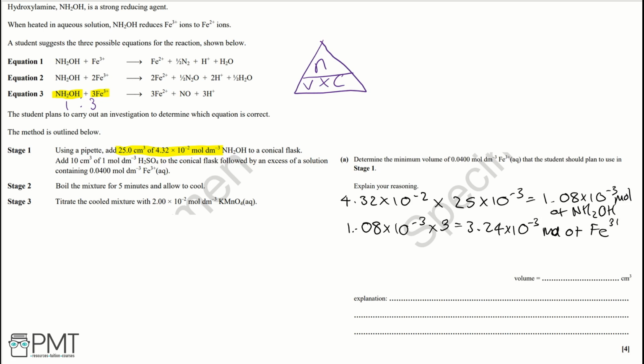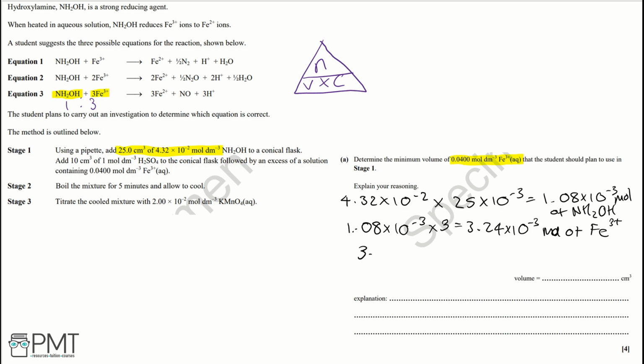Now we need to work out the volume of Fe3+ we need. Again, using the same equation triangle and the concentration of Fe3+, 0.04 moles per decimetre cubed, this time we're going to do moles divided by concentration to find volume.